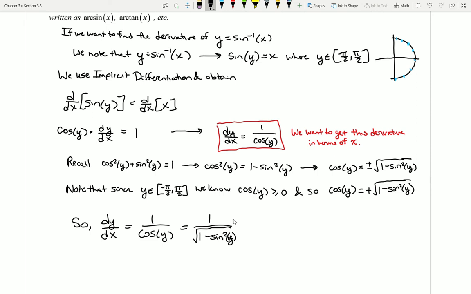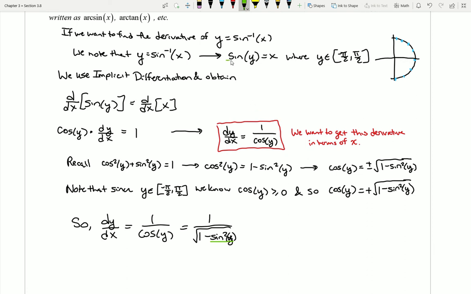And you might be thinking, Kyle, we didn't answer the question, right? The goal was to get this derivative in terms of x, and we certainly haven't done that. In fact, we've made it look more complicated than what it was before. If only there was a way that I could get rid of this sine of y. If only there was a way to get rid of sine of y so I could again have this in terms of x. Wait a minute.